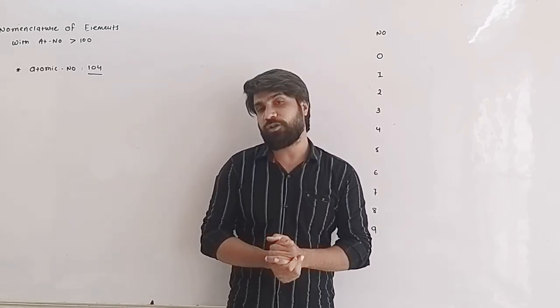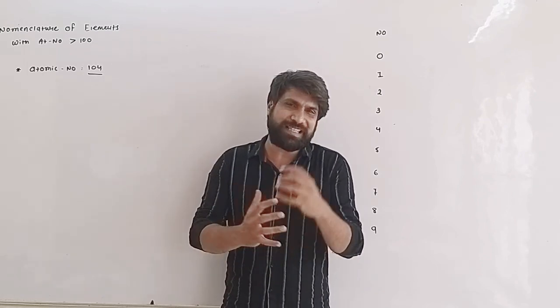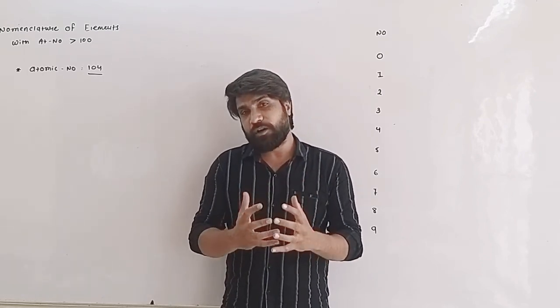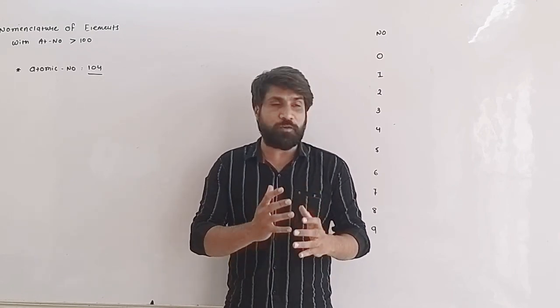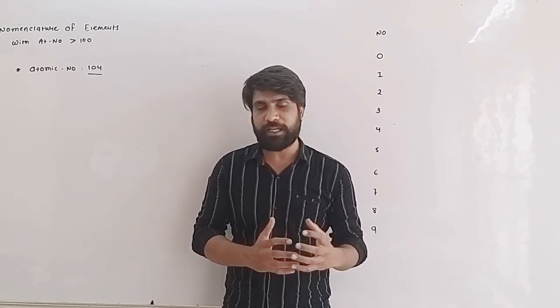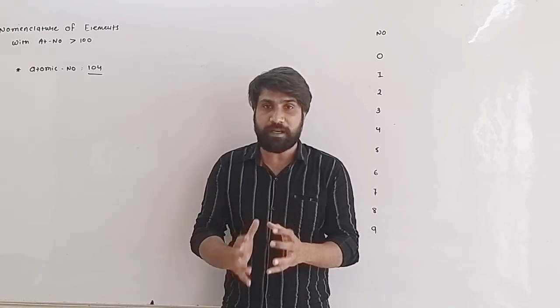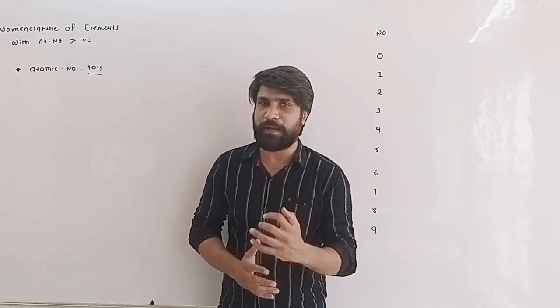They decided one thing: if you want to name the element, first of all you have to prove it. If there is proof about that element, then we will give the permanent name.